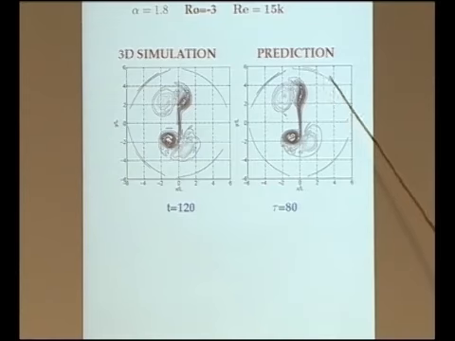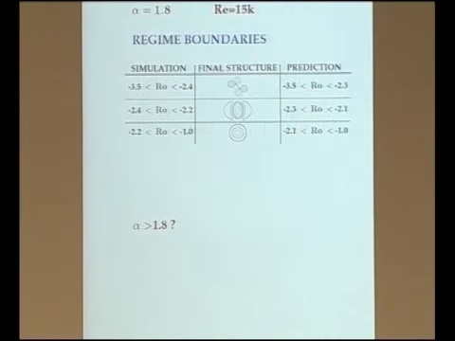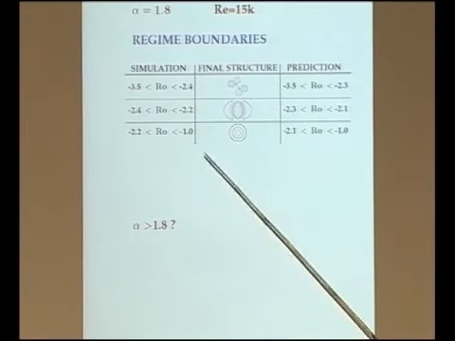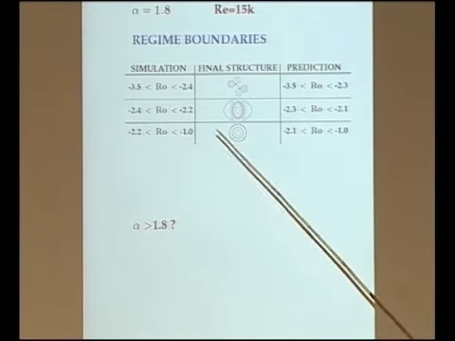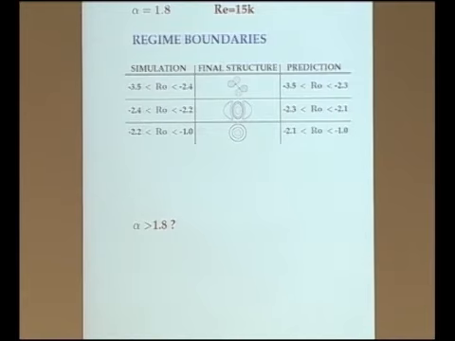Here's another case where I've gone up to Rossby number -3, so this is a much more vigorous anticyclone. Here's the fully 3-dimensional simulation, and then the prediction. Again, they look very similar. Now, the real test, I think, will be whether the regime boundaries match up, and it seems to do fairly well there.